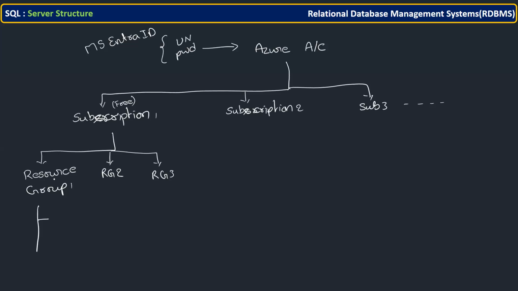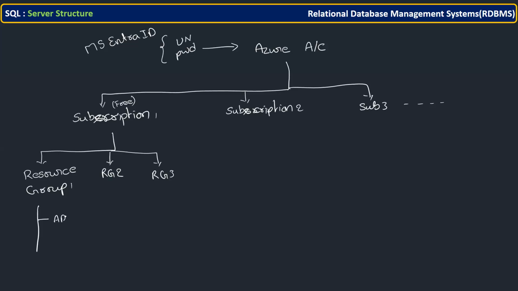Resources are like the dishes you see with catering people: each dish is one resource. Data Factory in the Azure cloud is one resource, one service. SQL Server is one service, Databricks is one service, Data Lake or Blob is one service.